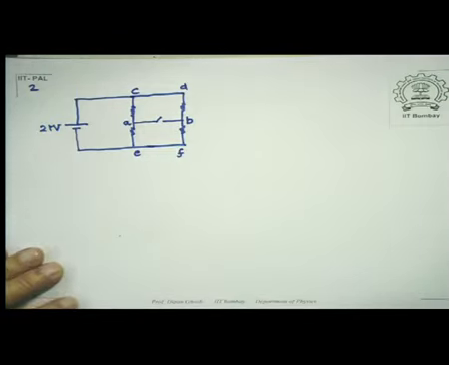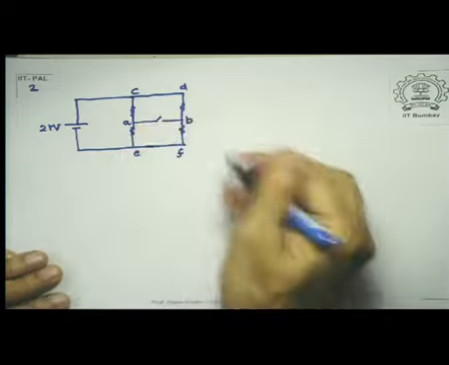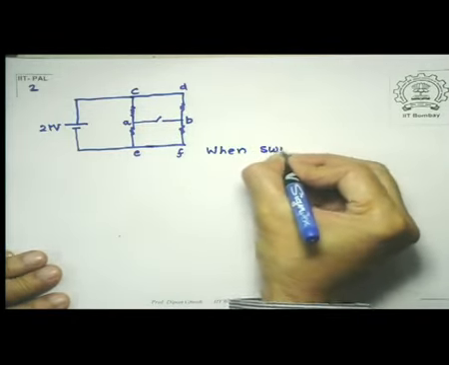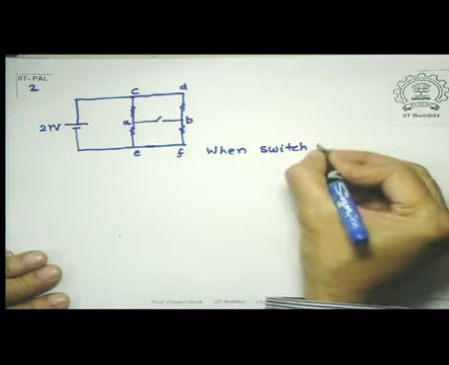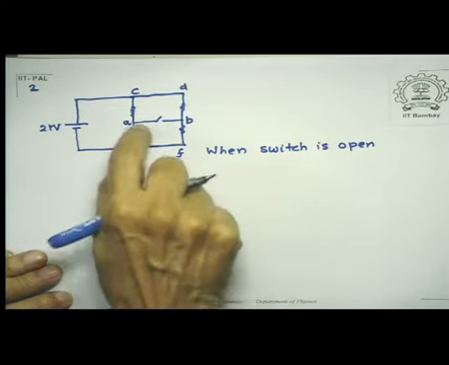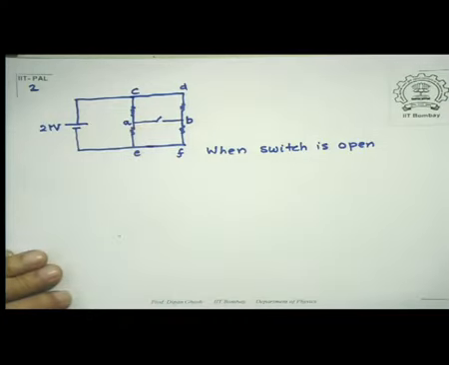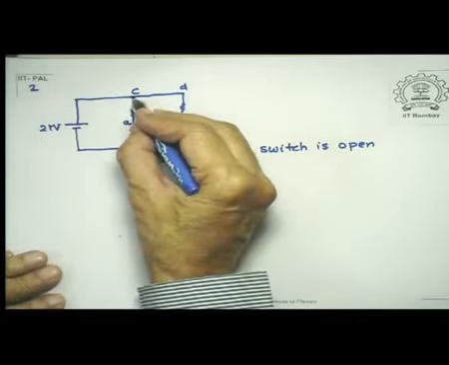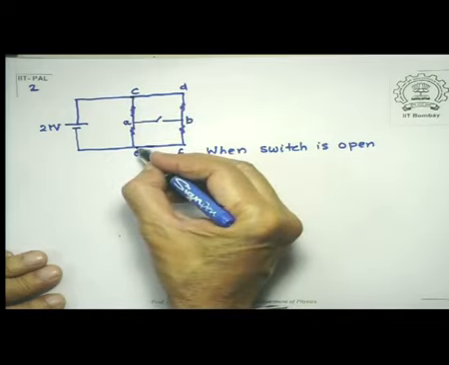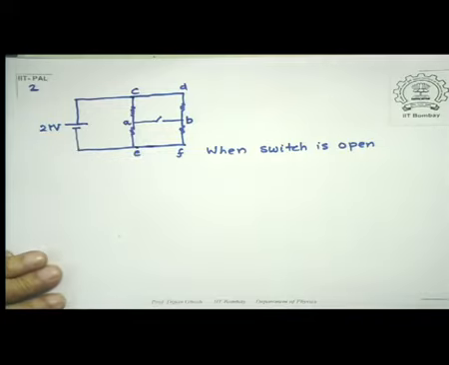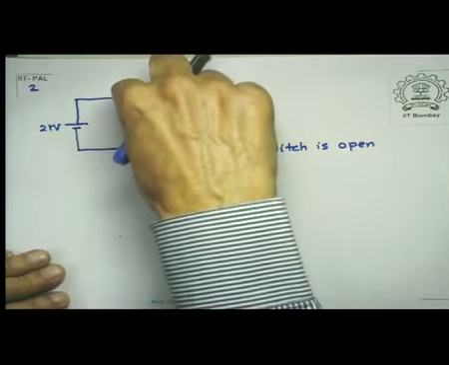So what we said is this, that when this switch is open, this section doesn't actually do anything to the circuit. But look at this pair of points. The voltage drop across CE, because C is connected to this side, E is connected to this side of the battery, is 21 volts.